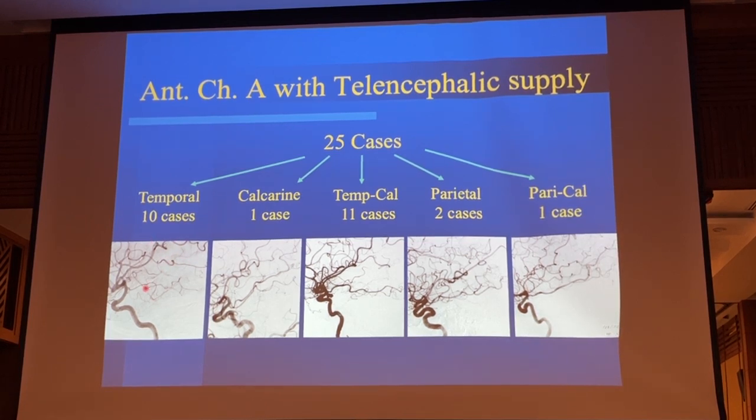You can see one of the examples where the temporal lobe is supplied by the anterior choroidal artery. Calcarine cortex alone is only one case. Temporal lobe and calcarine cortex is 11 cases. Parietal-occipital region only is 2 cases, and parietal-occipital and calcarine was 1 case. What's interesting is that, depending on the individual case, different territories are maintained.